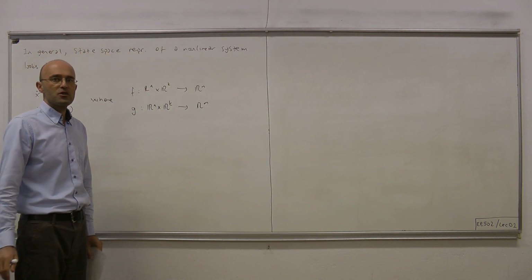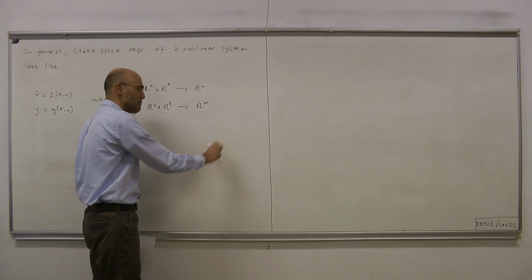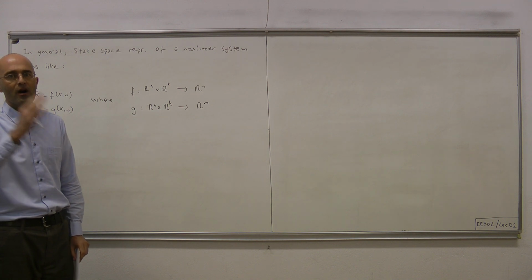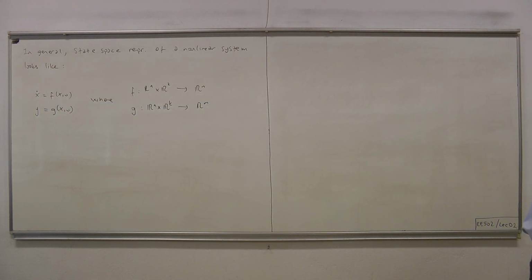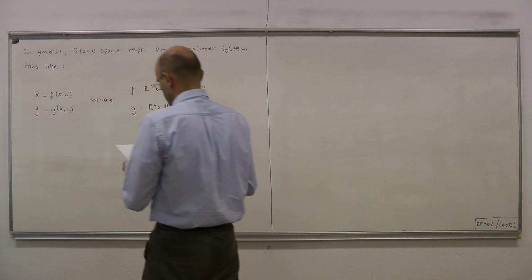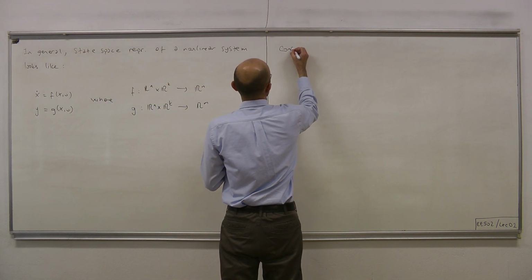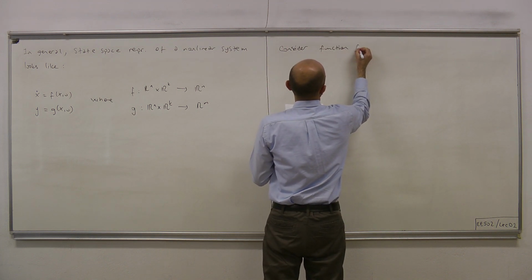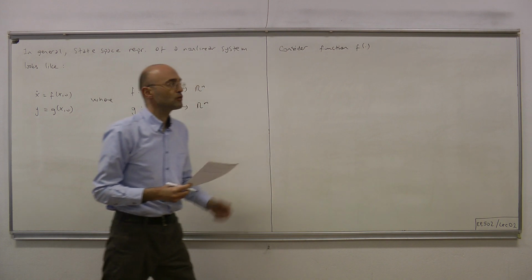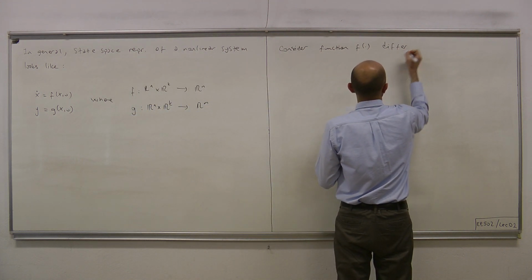It's a scalar valued function, and what it does is it takes values from R and maps to values from R, from R to R. So it's the simplest kind of function. So, consider a function f from R to R, and suppose that function is smooth.